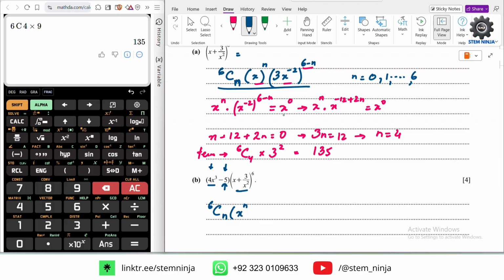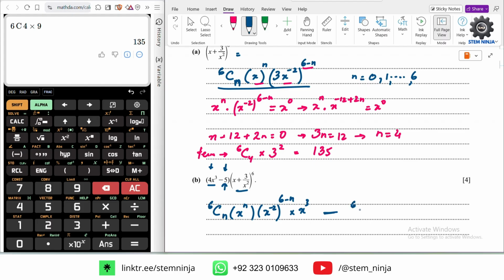x raised to power n. We only need the powers of n times (x minus 2)^(6 minus n), times x cubed minus the constant one, right?